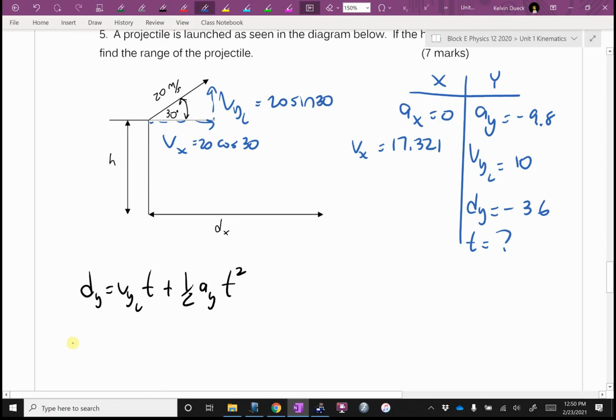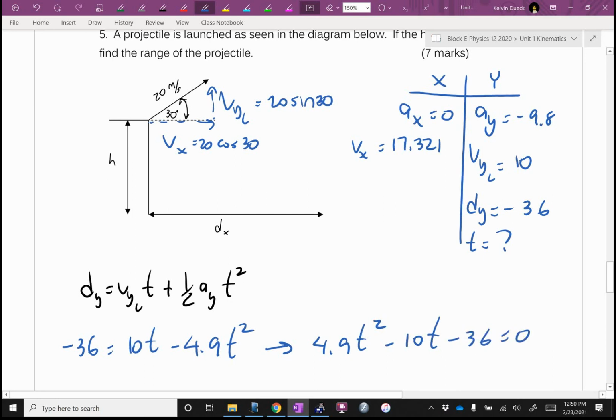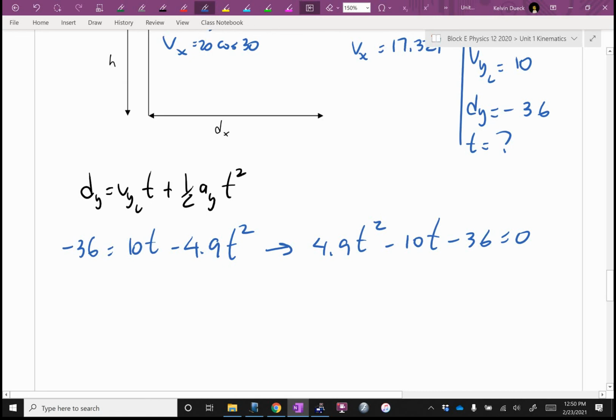Negative 36 equals 10t minus 4.9 t squared. 4.9 t squared minus 10t minus 36 equals 0. Pull out your quadratic formula or pull out your quadratic solver.